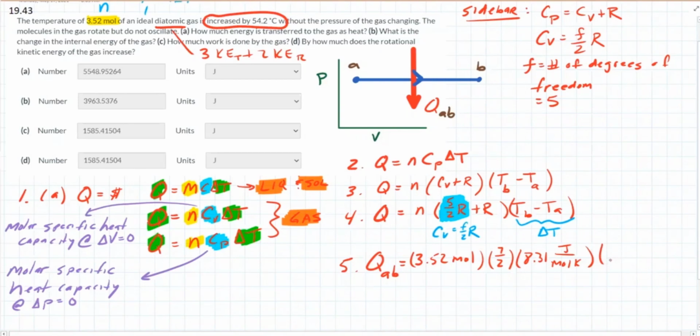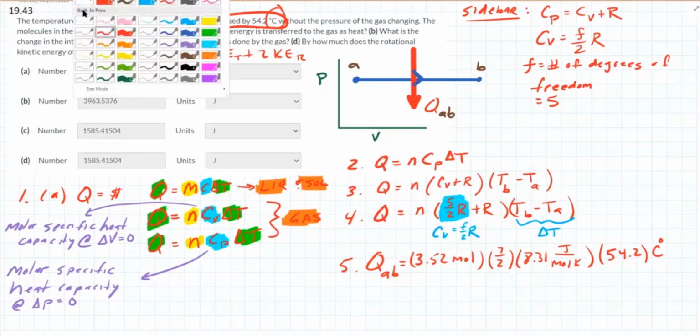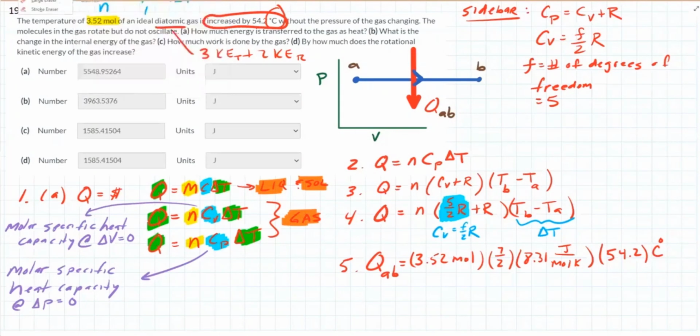So watch this detail. Watch my incredible attention to detail. I'm going to write that as 54.2 Celsius degrees. And you say, "Oh, Chris, you made a mistake. You should have written down degrees Celsius." No, I didn't make a mistake, and the problem statement didn't make a mistake either. The problem statement is solid, but I'm just writing the temperature difference down.